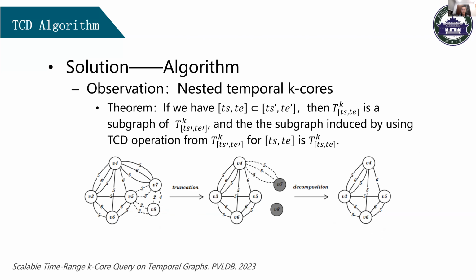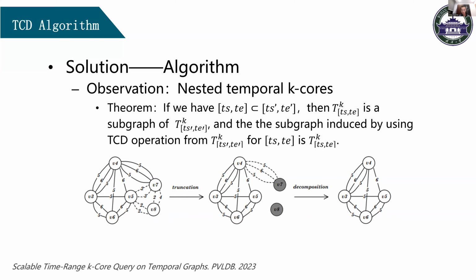So for example, in this figure, we show the procedure of the TCD operation that induces the temporal 2-core over 5-6 from 1-6. In the first step, the 5-6 edges marked by dashed lines are removed by truncation, and this will result in the decrease of degree for the 3 vertices, V5, V7, and V8.